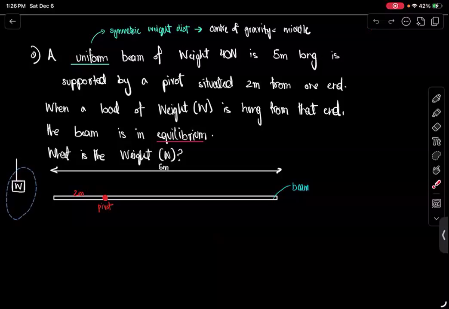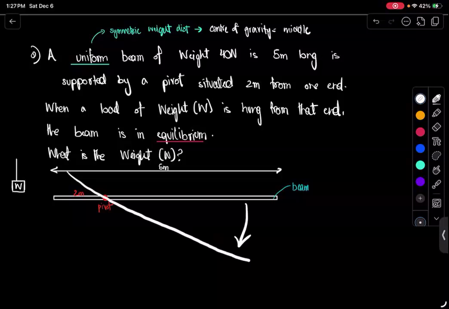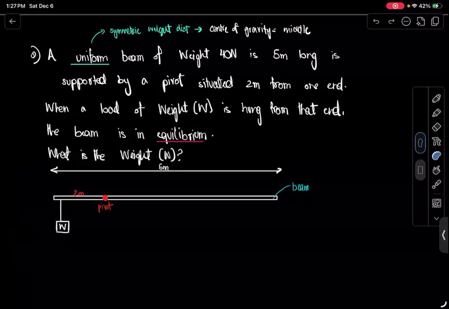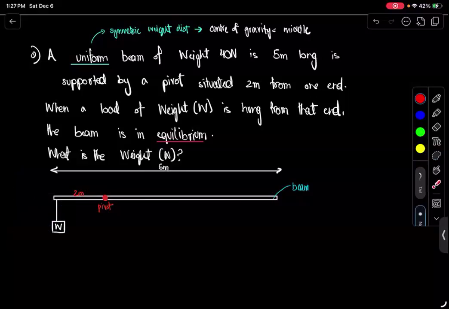Because if the weight was not there, then obviously the weight of the beam is going to make your bar turn like this. Just like, for example, if you try to balance your pencil from one end, it's obviously going to fall through the other end. But in order to balance that, you can apply another weight W to make sure that it does not fall in that direction.